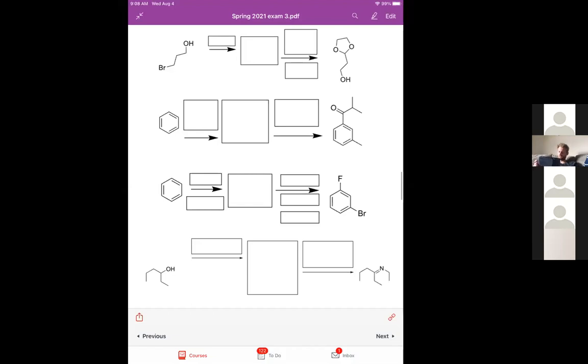All right, this first one is something we didn't talk about. This is protecting group theory. You can cross this one out. Okay, we need to add two groups. They need to be meta to each other. This is a meta director. This is an ortho para. We're going to add the meta director first.